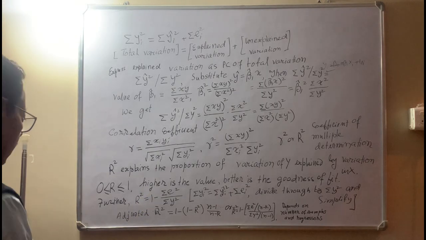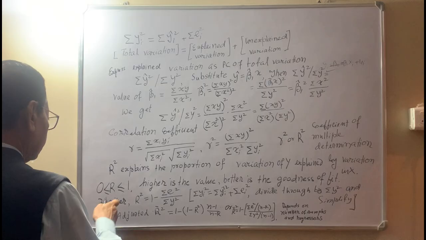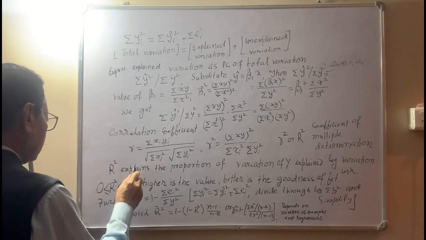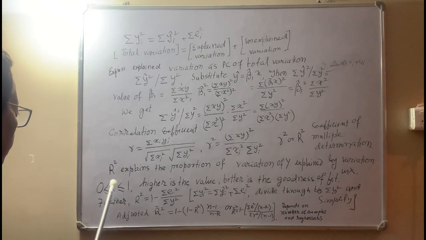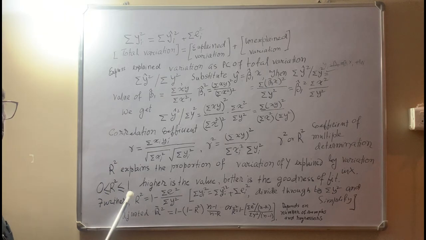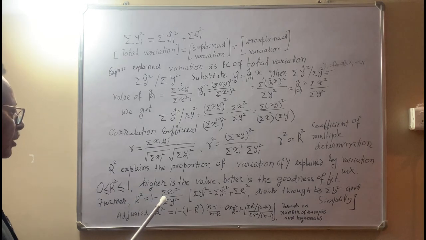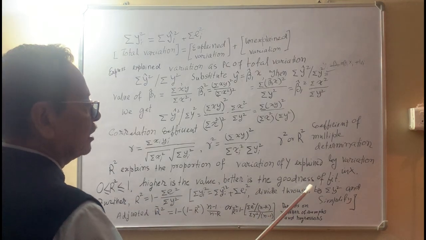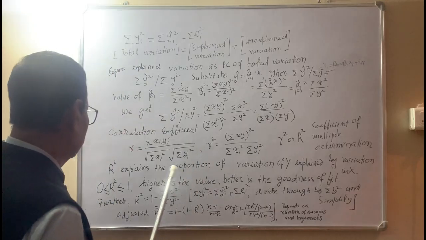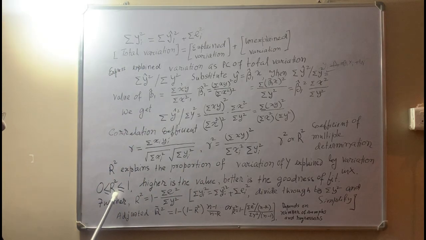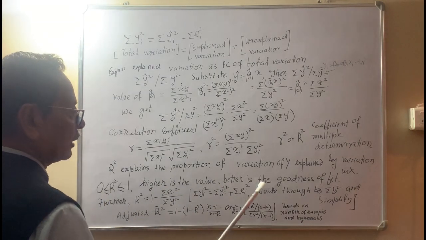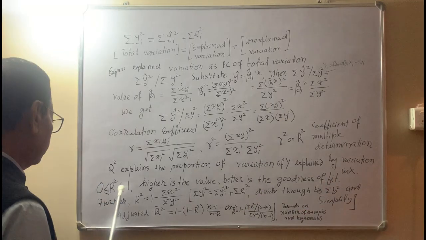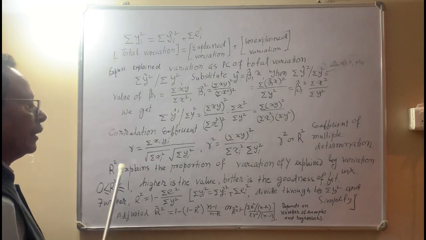There is a small correction: the value of R square ranges between 0 and 1, so it never exceeds 1. So the higher the value, the better the goodness of fit. Why is R square a measure of goodness of fit? The higher the value of R square, the better the goodness of fit. So it should always be near 1.